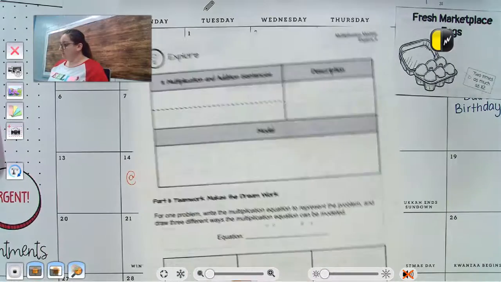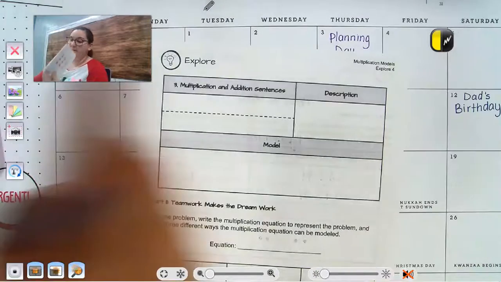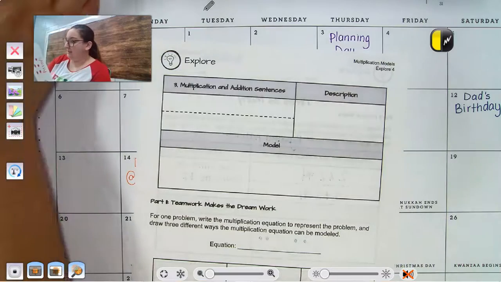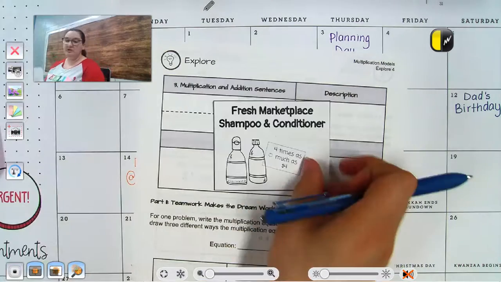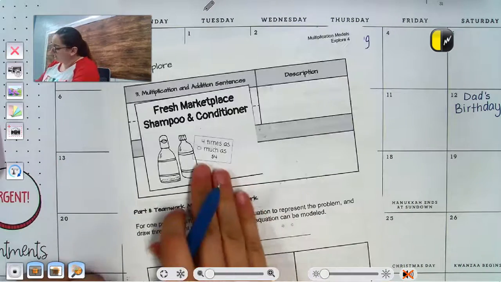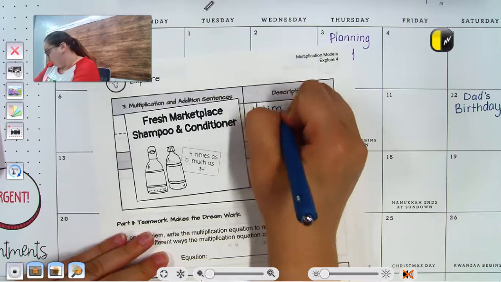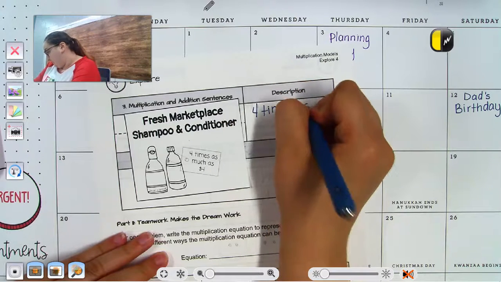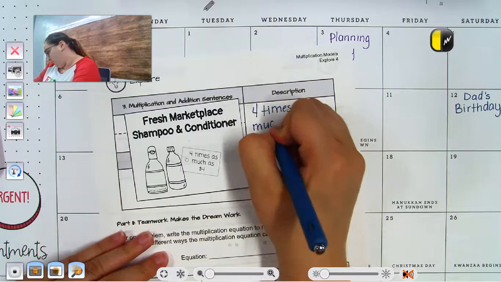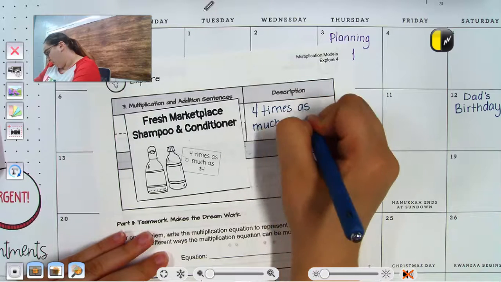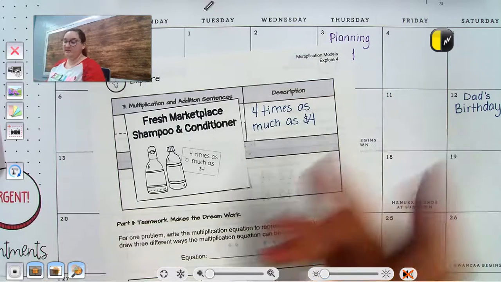So I want you to flip over to the back. You are going to be buying shampoo and conditioner at the store, and it costs 4 times as much as $4. Okay, so go ahead and write that down.